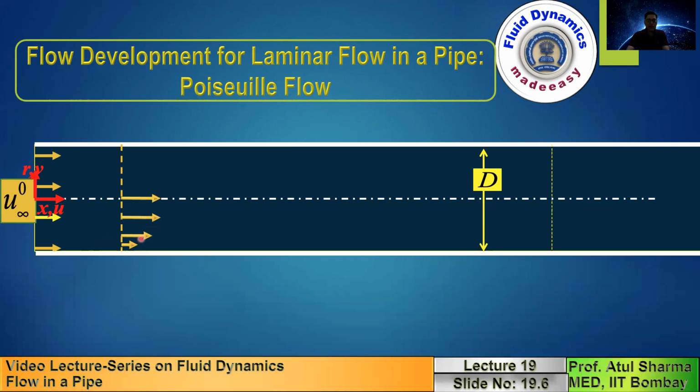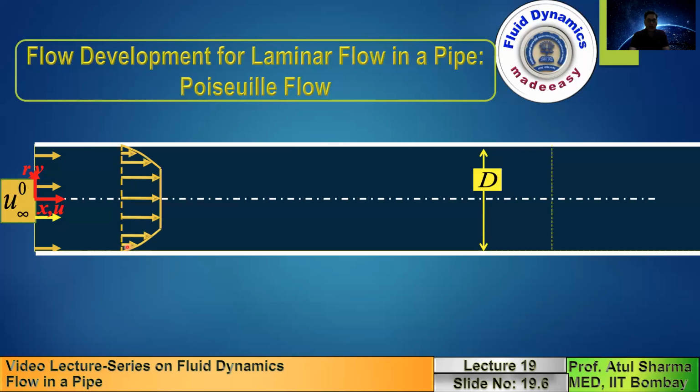This velocity gradient is shown from one of the walls. This is a cross-sectional view which is shown. The velocity gradient also sets in from the other wall. This is from one end of the wall. This is from the other end of the wall.